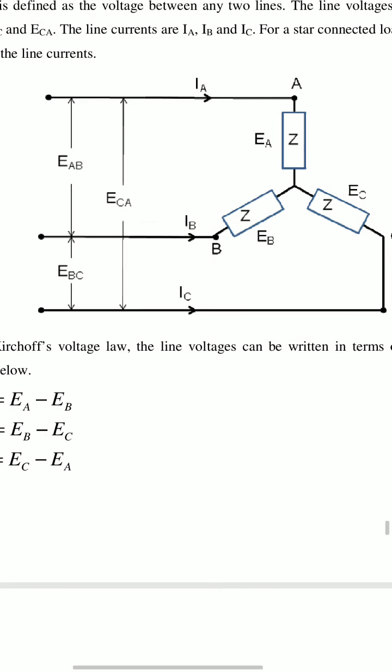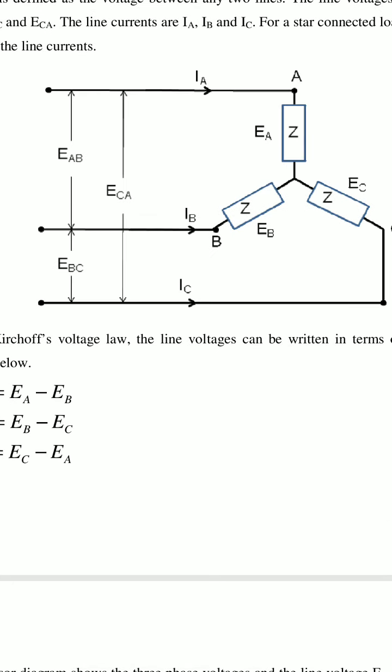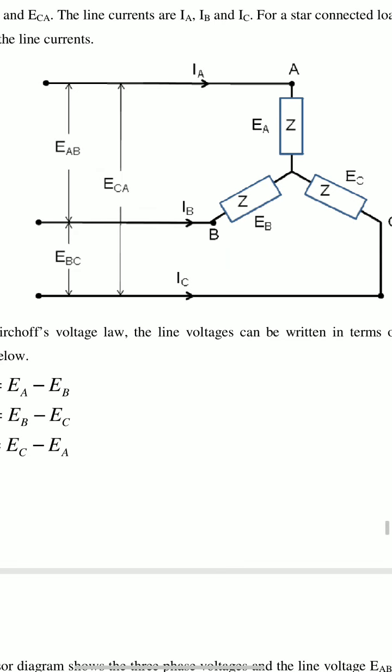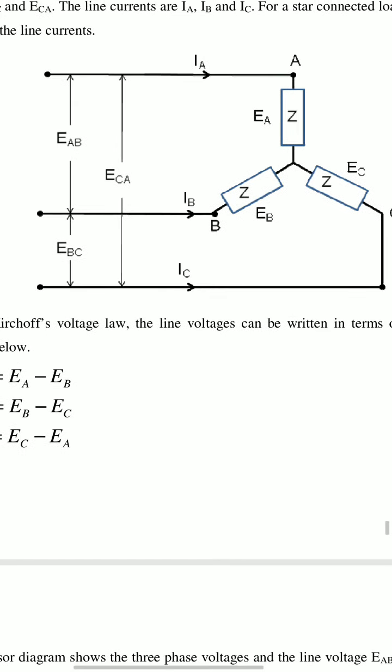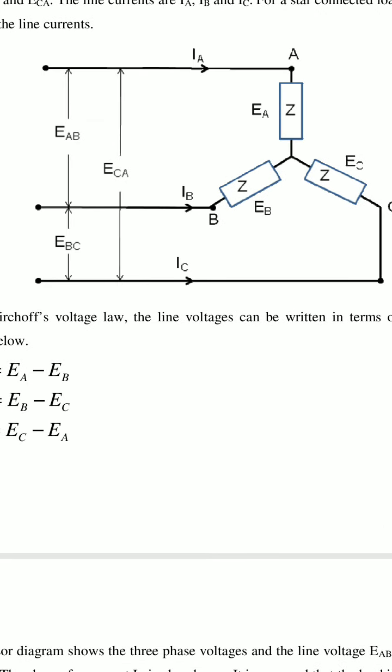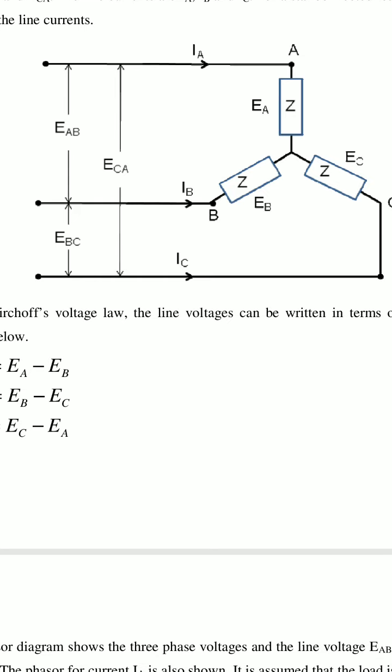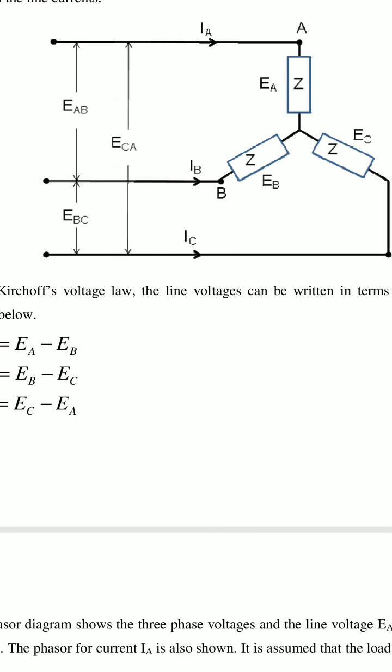The voltage between terminals A and B, that means across the line terminals, is called line voltage. Here the currents IA, IB, IC are called the line currents. These currents are also called the phase currents in this diagram.